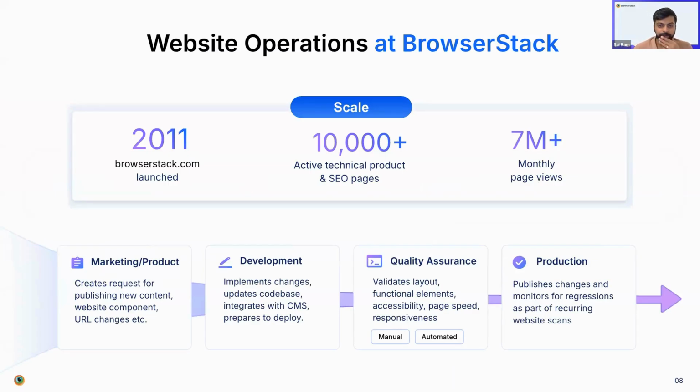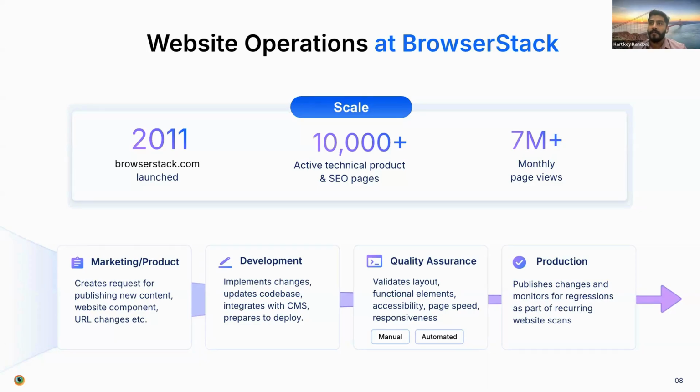Let's jump right in, right? Before we talk about the problems that can happen in a website, if you could shed some light on what we do across website experience at BrowserStack, what our scale is, if you could give a quick overview of that, that'd be great for us to set context. Sure. So, BrowserStack started back in 2011.